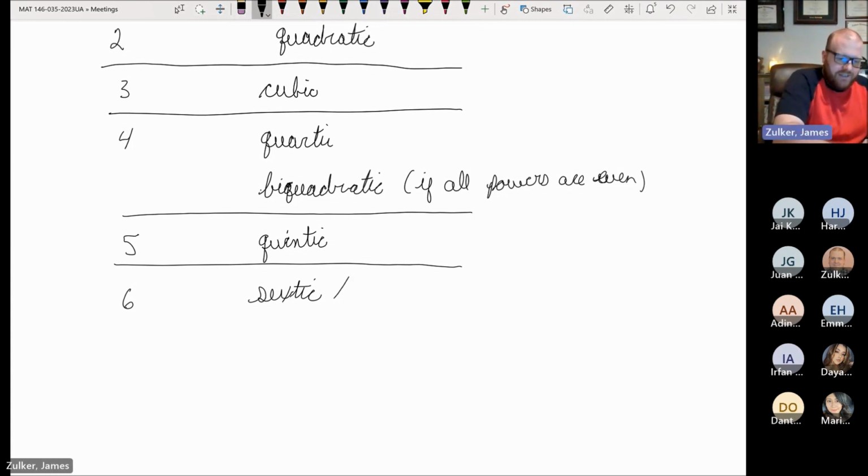Or you may also see it as hexic. Sextic is the more common.